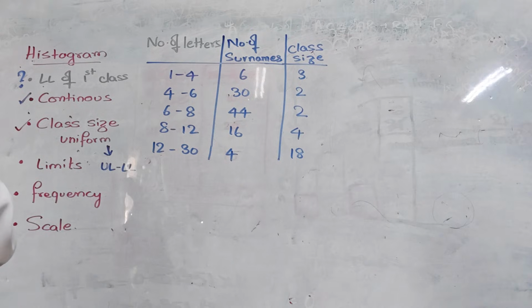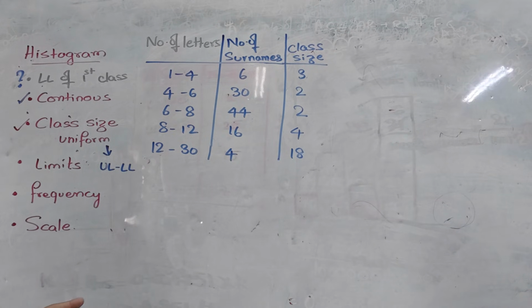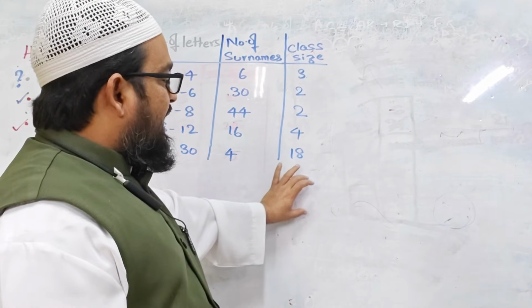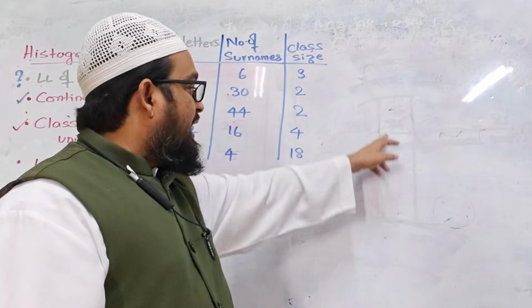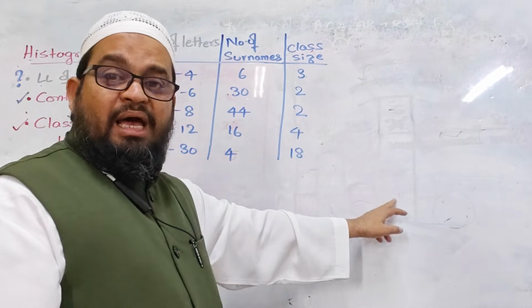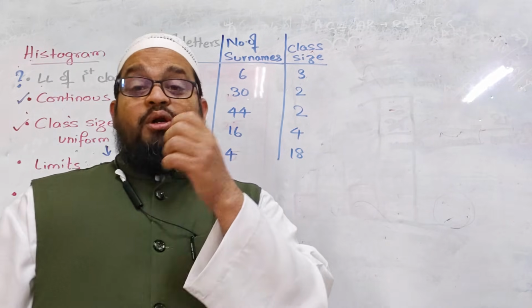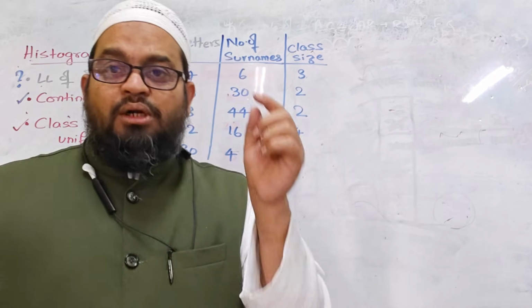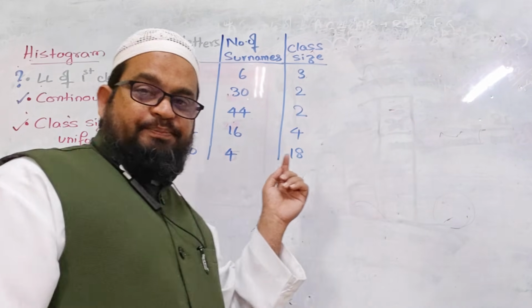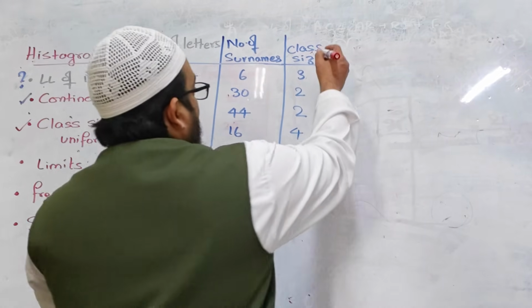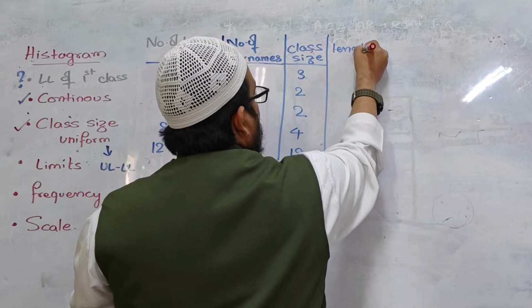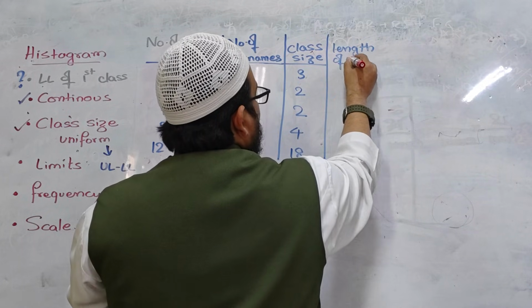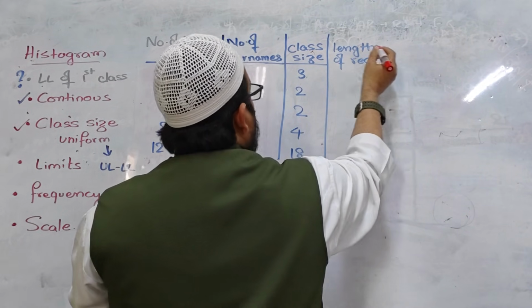So when you have different class widths, the length of the rectangles should be proportional to the data. Understood or not? So the last column will be the length of the rectangular bar.